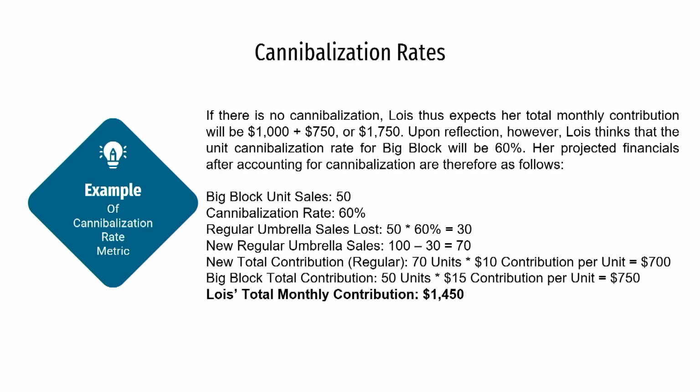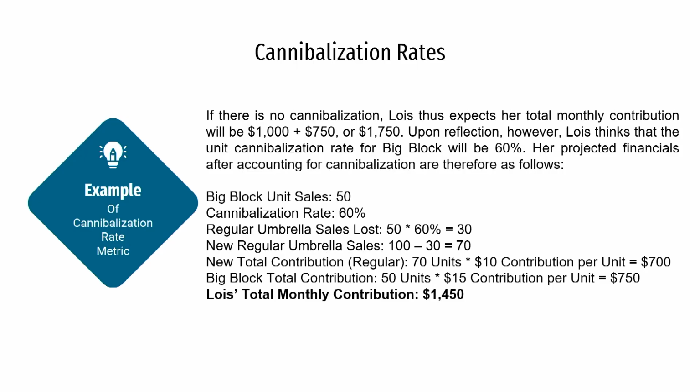I can assume that if there is no cannibalization, Lois expects her total monthly contribution will be 1000 from the old umbrella and 750 from the new umbrella, that is the big block. But in reality, the unit cannibalization rate for the big block will be 60%.